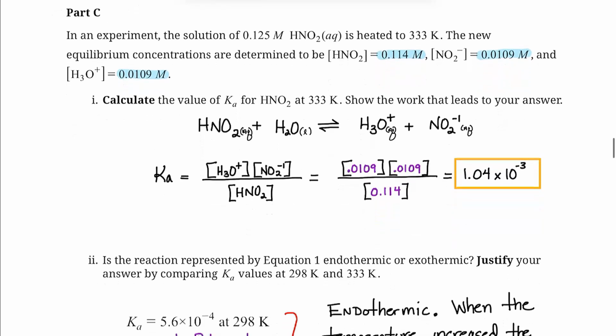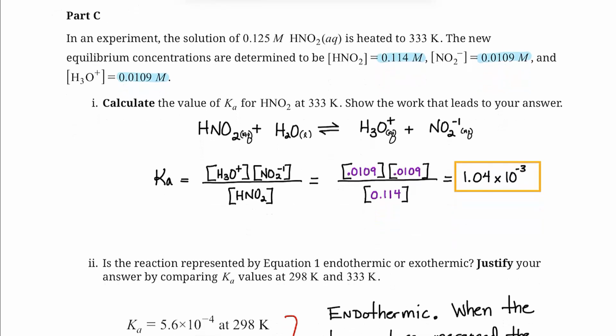Now we're changing the temperature, and now the concentration is a little bit smaller, which is telling us that this reaction is now finding a new equilibrium position that's going to have less reactants and more products. So one of those products is H3O plus, so the pH would have to decrease.